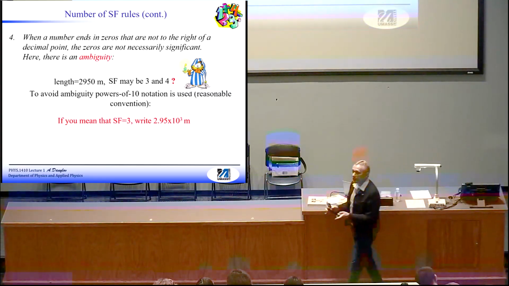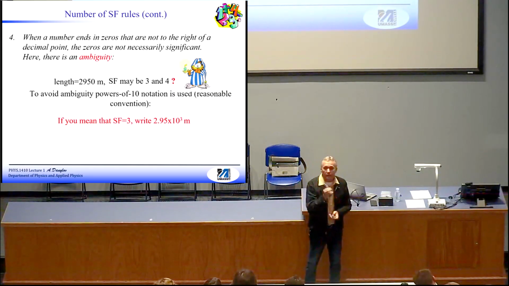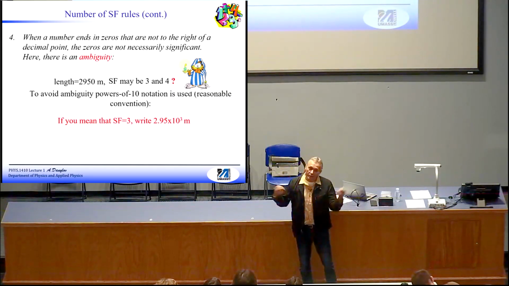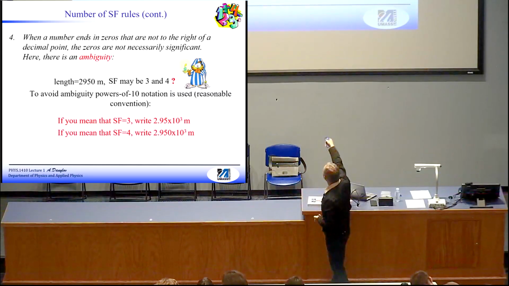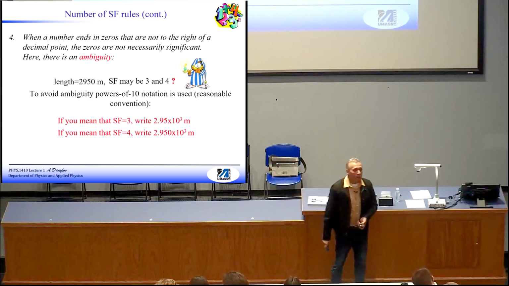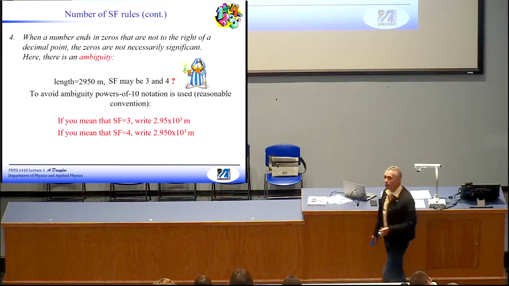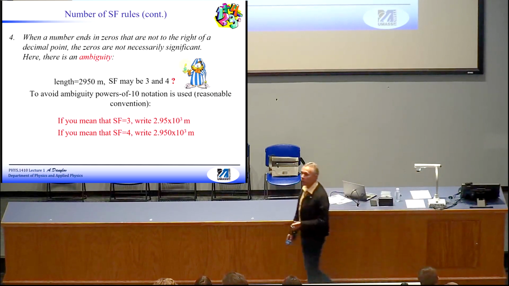But if you want to emphasize that your measurement is significant, that you have 4 significant figures, then of course you need to rewrite it in this form: 2.950, you're adding a 0, times 10 to the power of 3. Now everyone will understand this person did a great job, and the accuracy is plus minus 1.